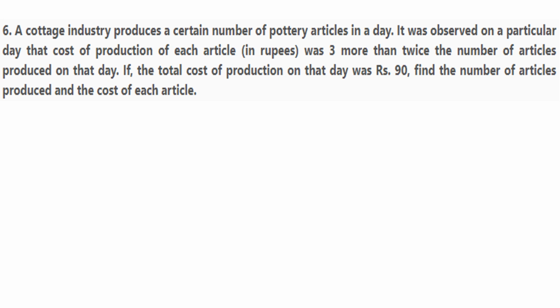Question is: a cottage industry produces a certain number of pottery articles in a day. It was observed on a particular day that the cost of production of each article is 3 more than twice the number of articles produced on that day. And the total cost of production on that day was rupees 90. So first of all, we have to find the number of articles and the cost of each article.